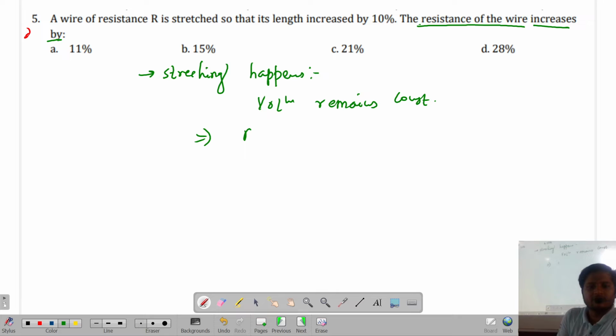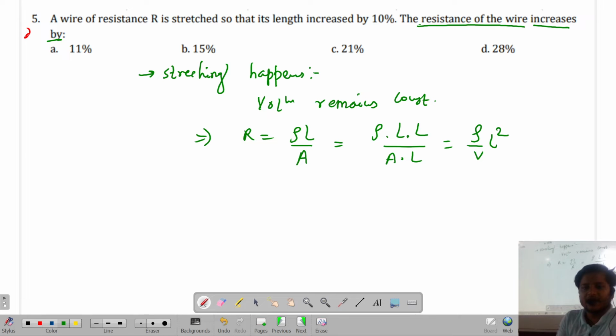Okay, so R is equal to rho L by A, correct? So rho L divided by area into length, L over L, I can write like this or not? So rho by V into L square, I got. Now rho by V remains constant. That means resistance is directly proportional to L square if you stretch the length.